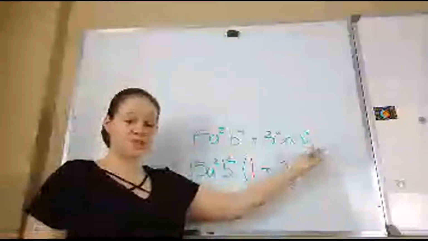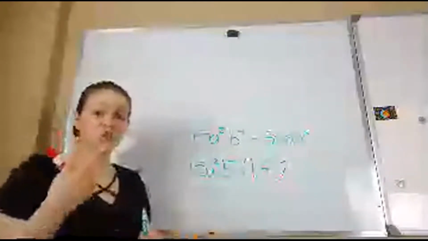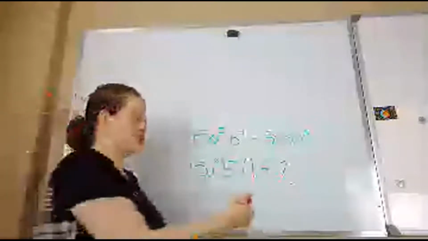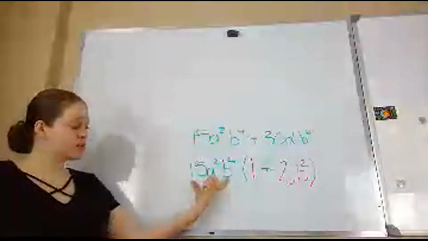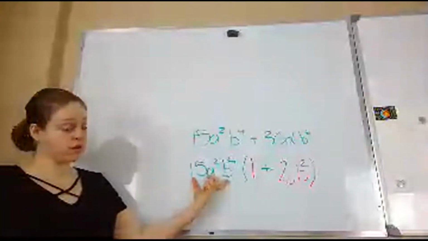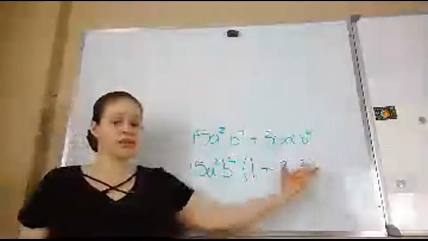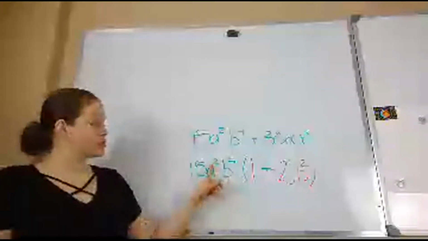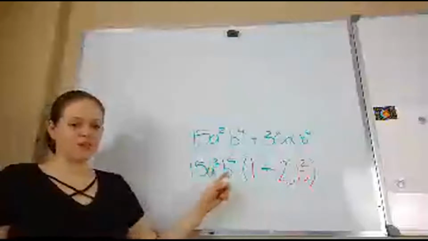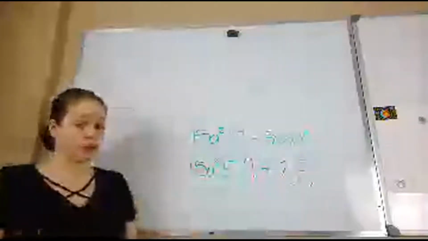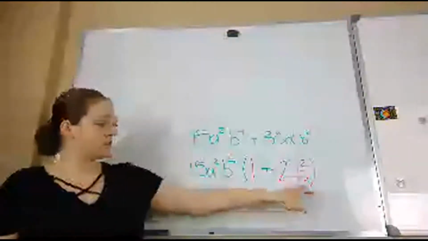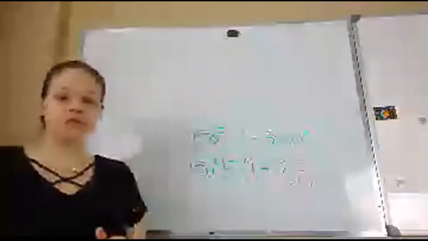Because this is b to the 6, I need 2 more b's to get there, so b squared. When I multiply 15a squared b to the 4 by 2b squared, there's no a because I already have it, but b to the 4 plus 2 gives me b to the 6, which is what I want. So that's your GCF factoring.